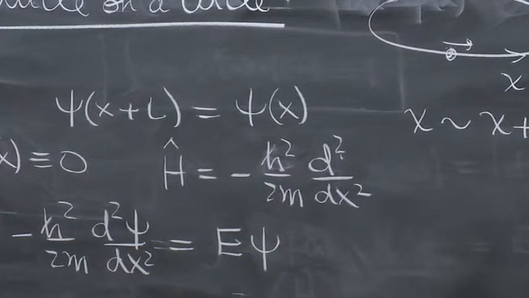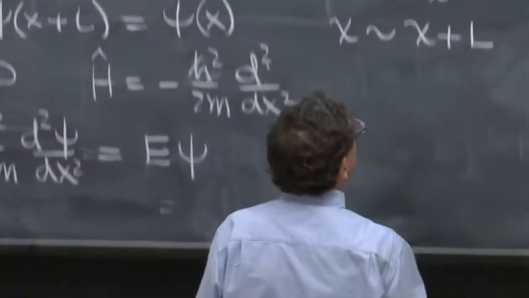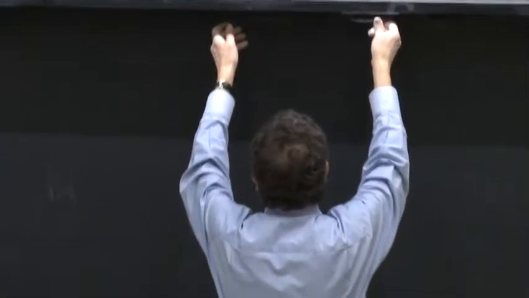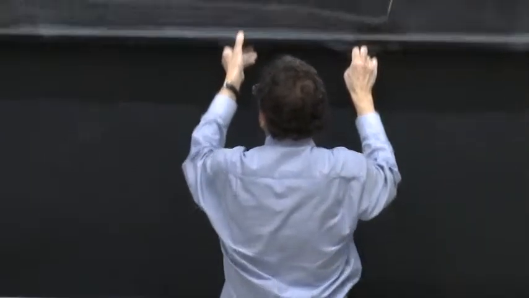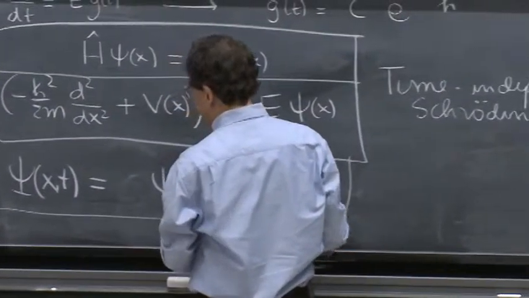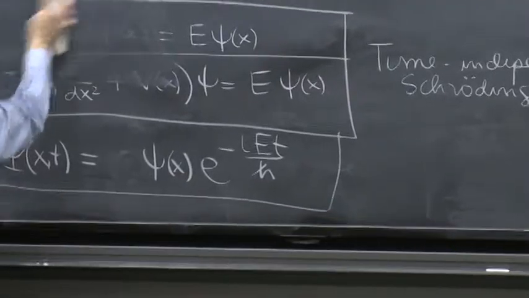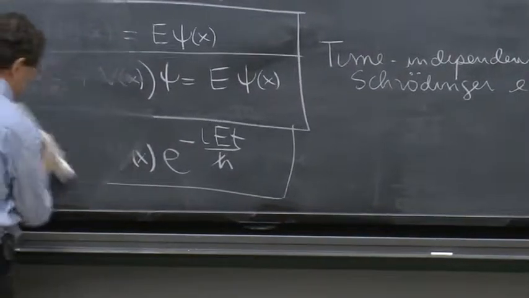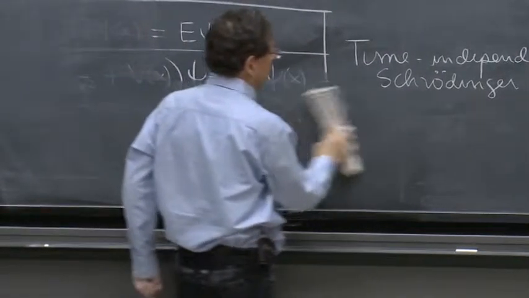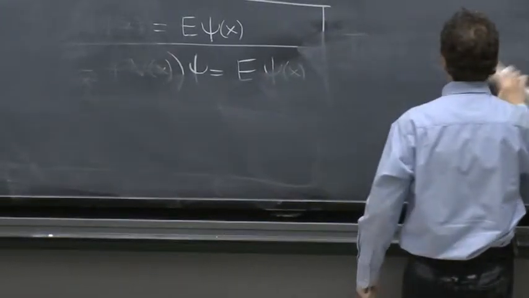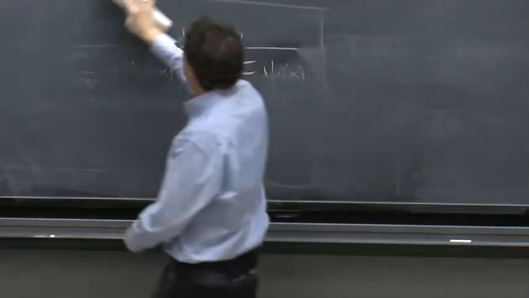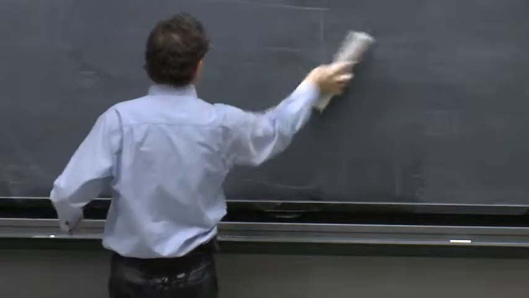Now, it's simple, or relatively simple, to show that all the energies that you can find are either 0 or positive. It's impossible to find solutions of this equation with negative energies.